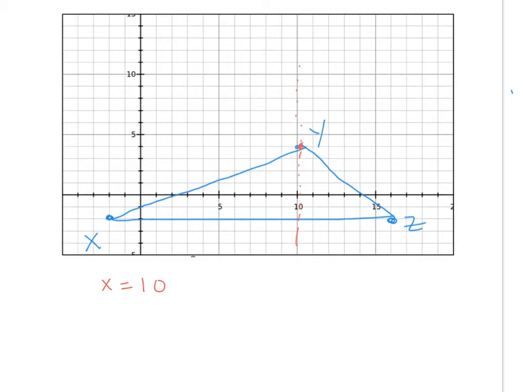Okay, so the altitude from Z to XY is going to be perpendicular to XY. And if we remember from before, the slope of XY is positive 1/2. So the altitude from Z is going to have a slope of -2. So we start at Z, and then we count a slope of -2.